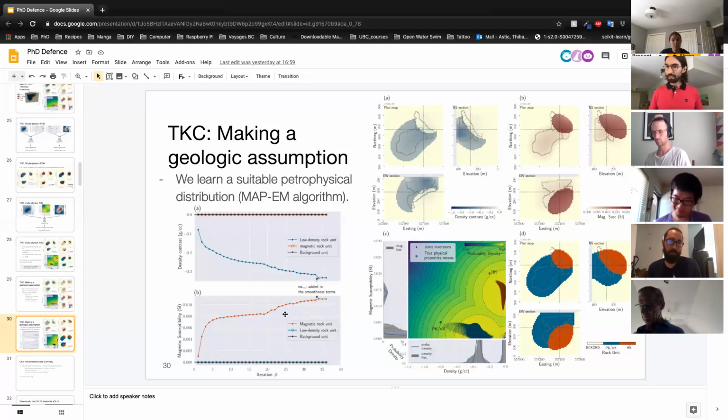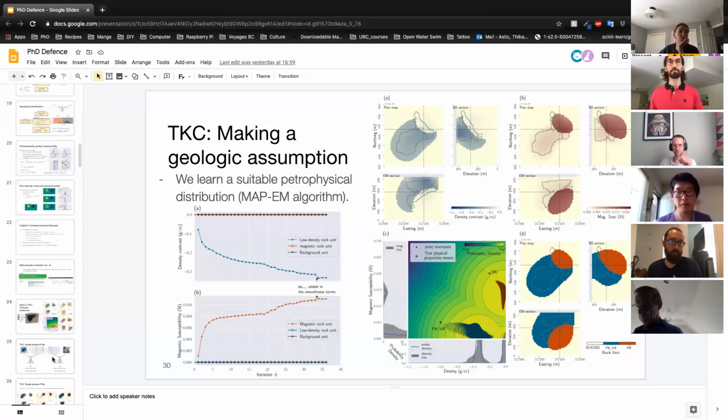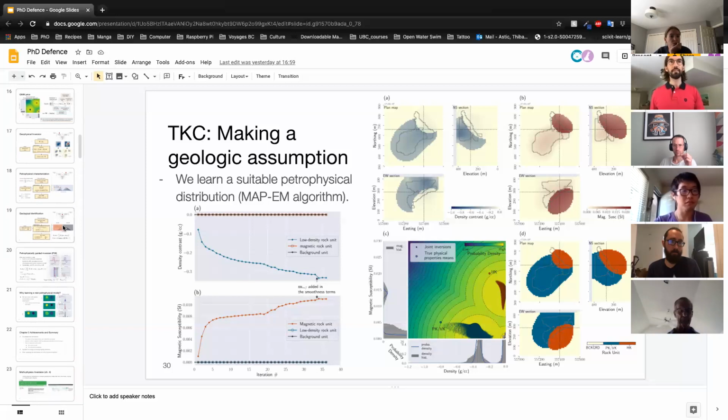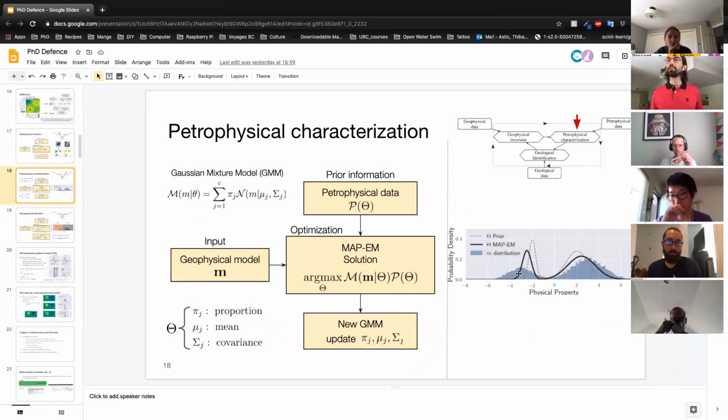Then there are the things I've experimented with less. I've shown some examples in the thesis where you put half weight between, for example, the geophysical model in blue and the prior distribution in gray, and I get the black one here. This is basically by putting equal weight on both the geophysical model and the priors.